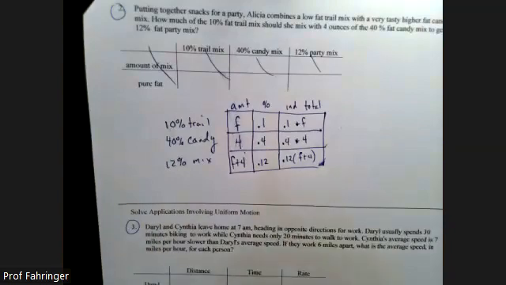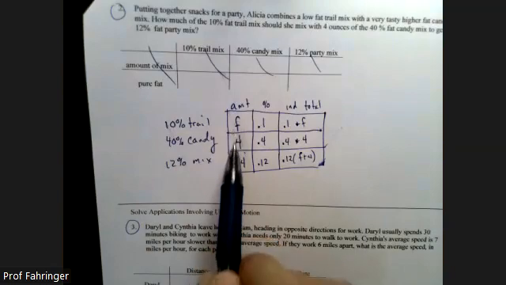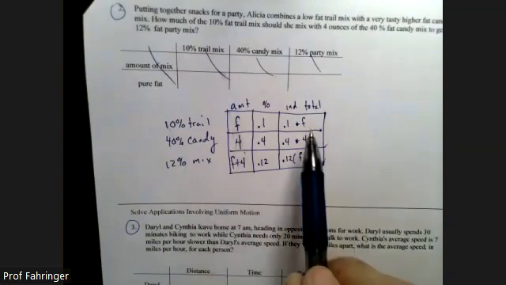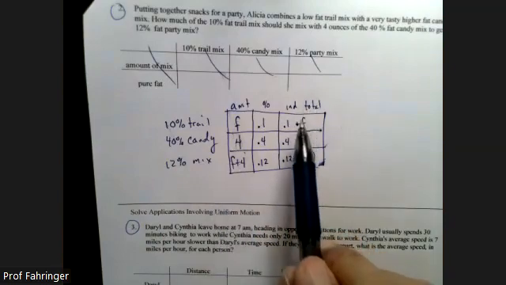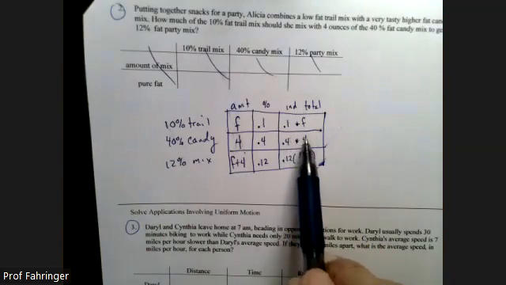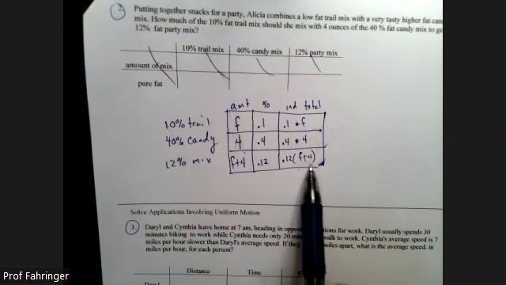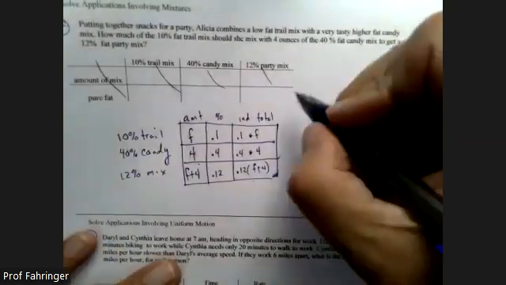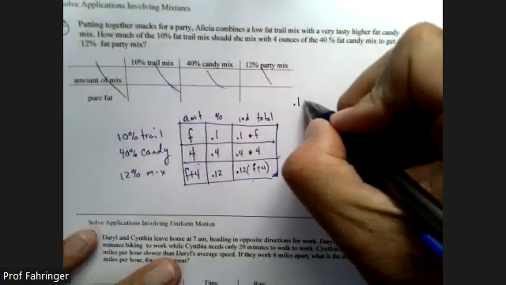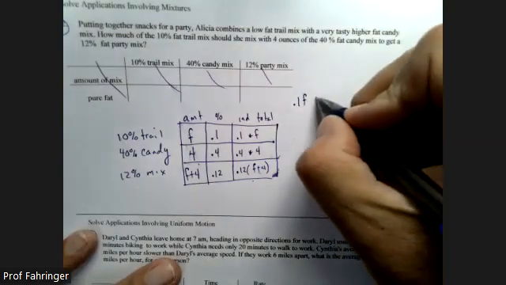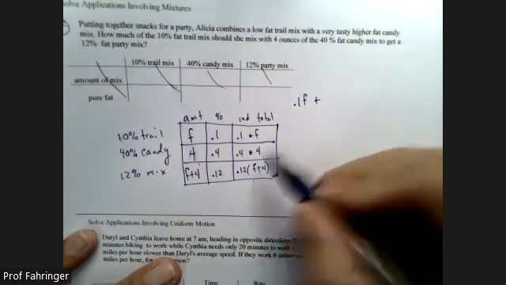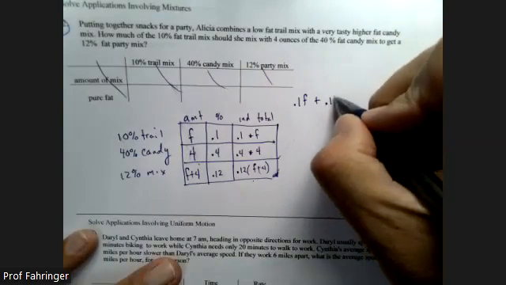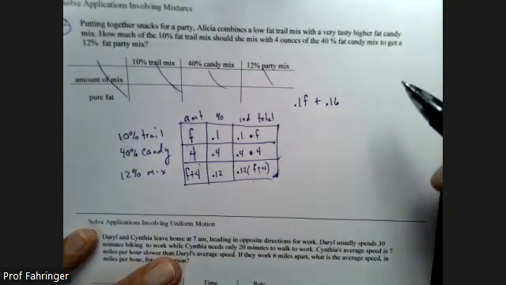Well, what's happening here is just like we had the amount F plus the amount 4 is what we have in the mix. The individual total, this amount of pure fat plus this amount of pure fat, has to equal what's in the total. So we just came up with our equation. What's in the 10%, 0.1 F, plus what's in the 40%, I'm going to multiply those right now.